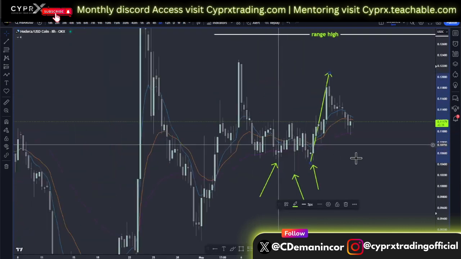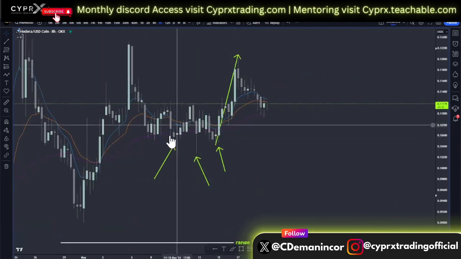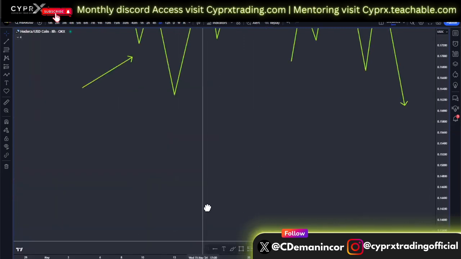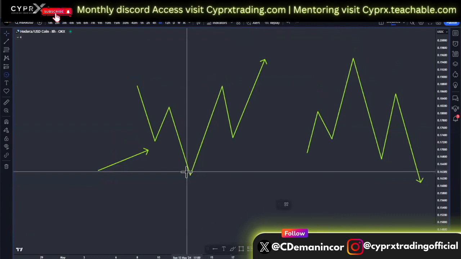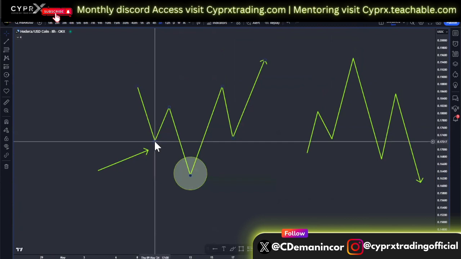So where I would like to set the bottom of my range via the institutional pattern that we just identified is beneath this low, which is the liquidation event that takes place. I always like to put my range low beneath the area of interest where the market makers liquidated the pre-engineered lows.